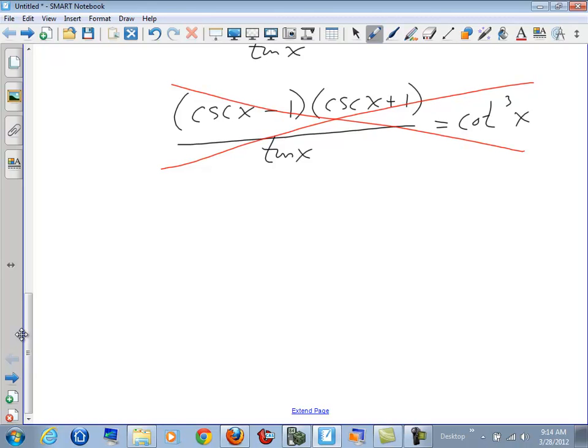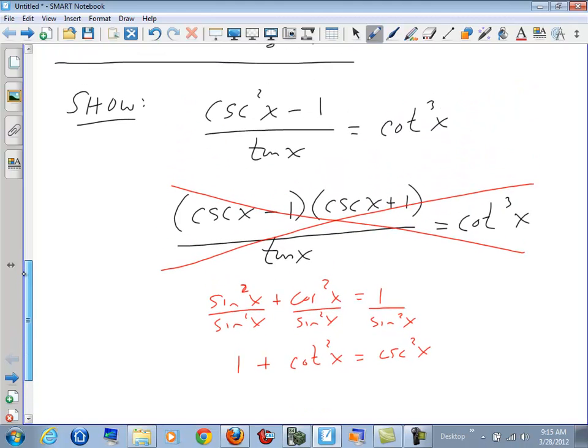Well, if you can't remember it, we can develop it, right? We remember sine squared plus cosine squared equals 1. And I want to get cosecant squared. That means I need sine in the denominator. So I get 1 plus cotangent squared equals cosecant squared.